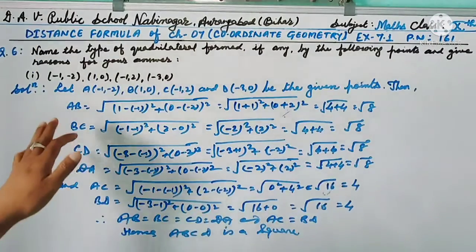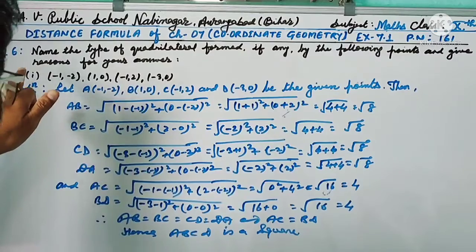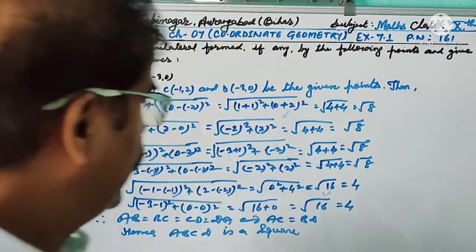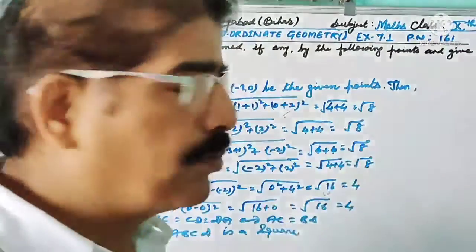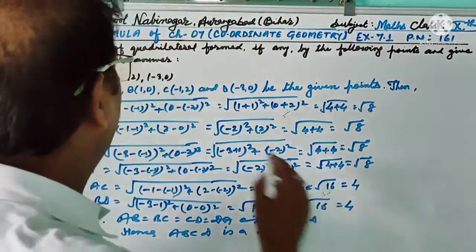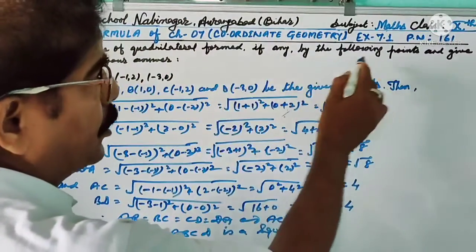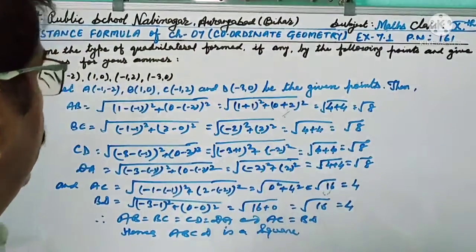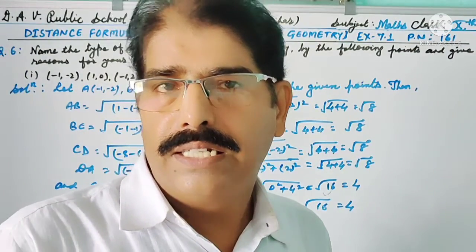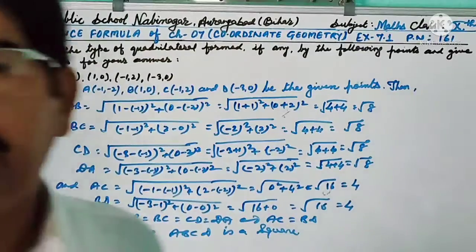So dear students, solve the rest of question number 6, such as 2, 3, 4, in the same way. If all sides are equal and also diagonals are equal, then ABCD is a square. Otherwise, ABCD is not a square. Clear? And see the next question.